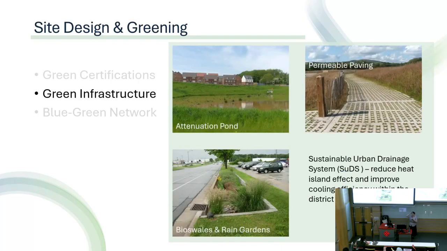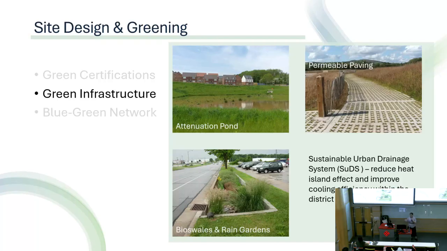Some of the green infrastructure that we normally put into our urban development: SUDS, sustainable urban drainage, is quite common because Hong Kong is so prone to heavy rains and flooding.